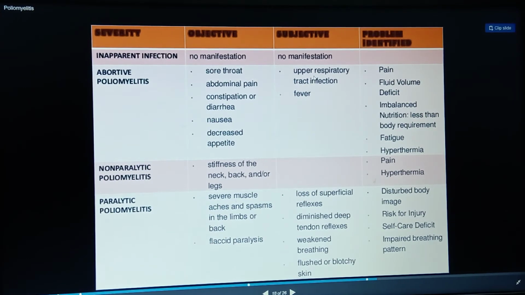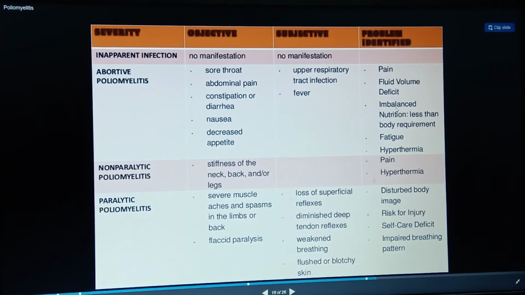They are going to observe upper respiratory tract infection and fever as the signs and symptoms. The problem identification is pain, fluid volume deficit, imbalanced nutrition, fatigue, and hyperthermia, fever.